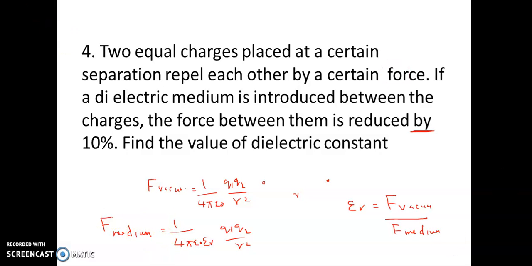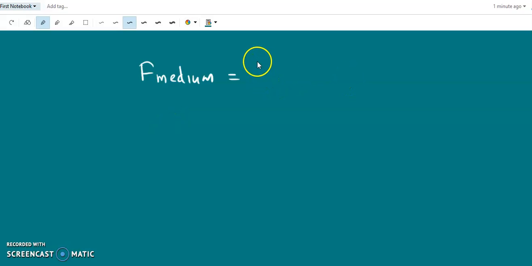Here F medium is equal to F vacuum minus 10% of F vacuum. 10% എന്ന് പറഞ്ഞാൽ F vacuum into 10 by 100.